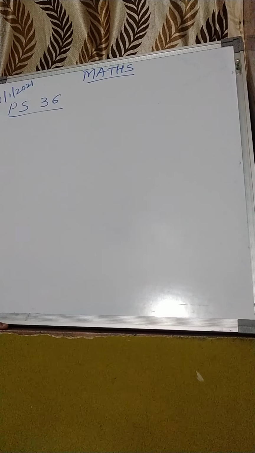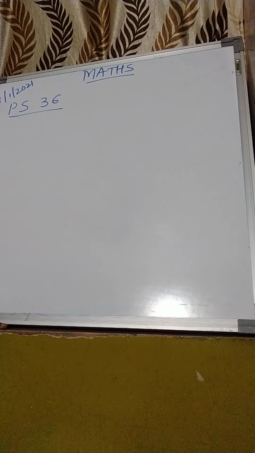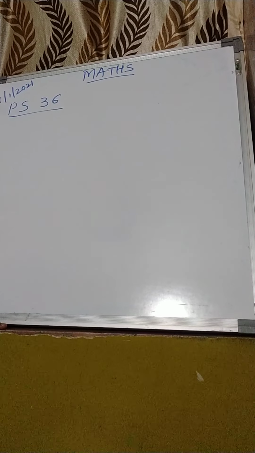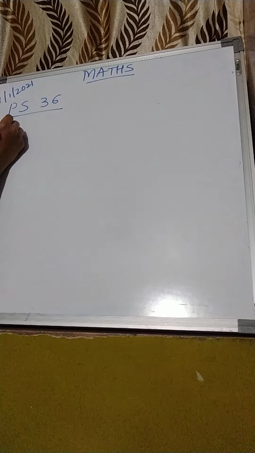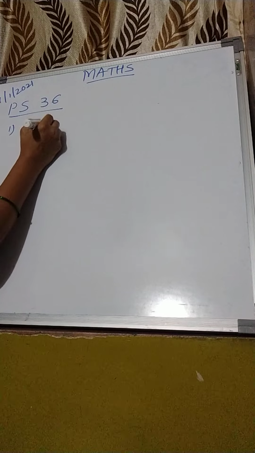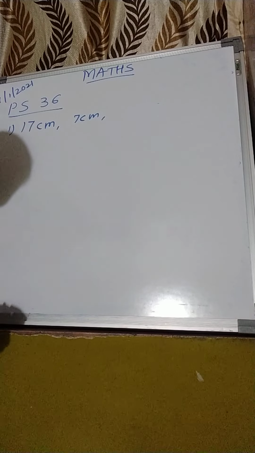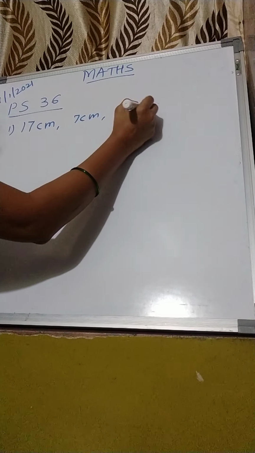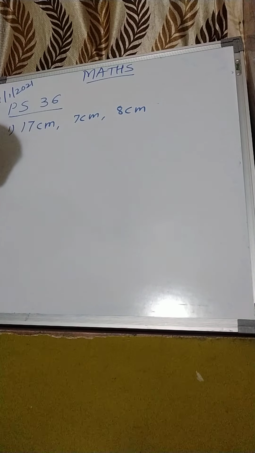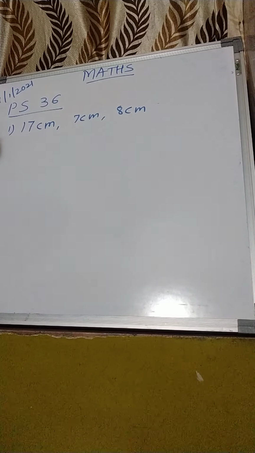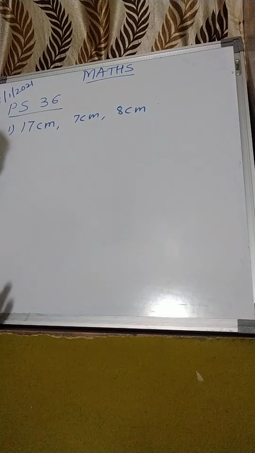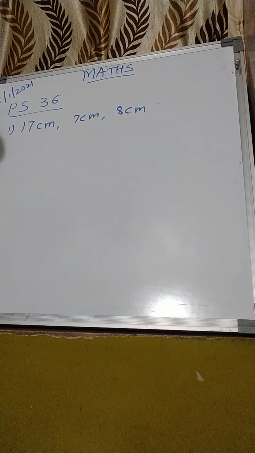So what we have to do for that, I am taking the first one, 17 centimeter, 7 centimeter and the third one is 8 centimeter. Here the sum of 7 and 8 is not greater than 17.